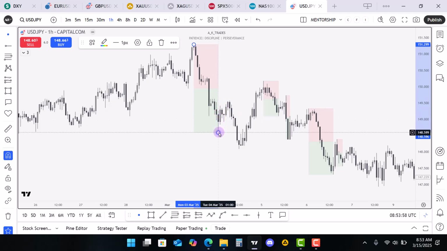So after consolidation, there was another expansion taking out this sell side liquidity here. So what do we do? We move our fib to that swing point. So this now becomes our new dealing range low, and that's our dealing range high.